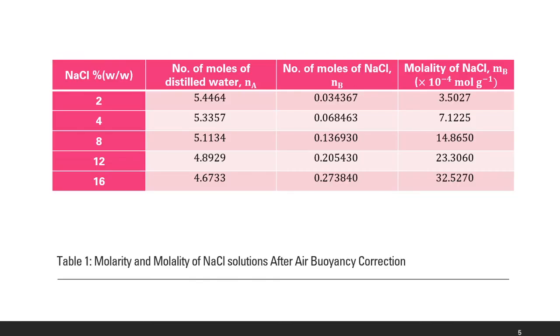Okay, so this is given data for you. These are the sodium chloride solutions at different concentrations, and the number of moles of distilled water and the number of moles of NaCl are given. These are all calculated, and the molality is also calculated.